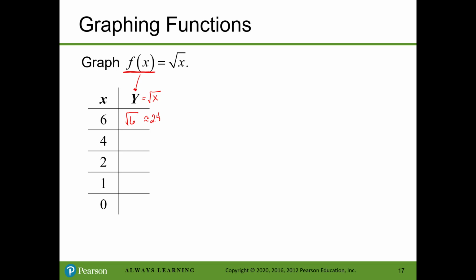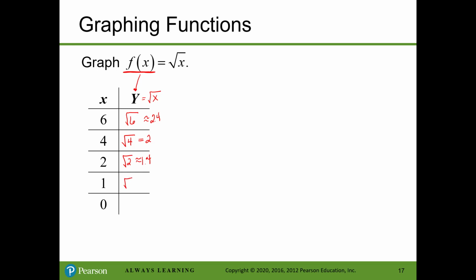Okay? And let's plug the next one in. That means you're plugging in the 4, and you're taking the square root of 4, which is exactly 2. So no problem. The next one, you're taking the square root of 2 when you plug it in, which is approximately 1.4. Okay.